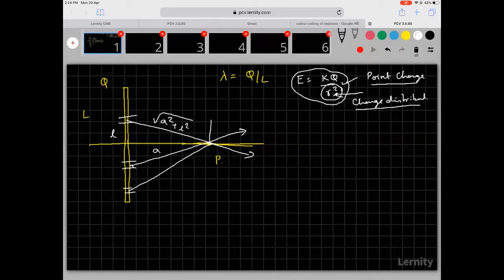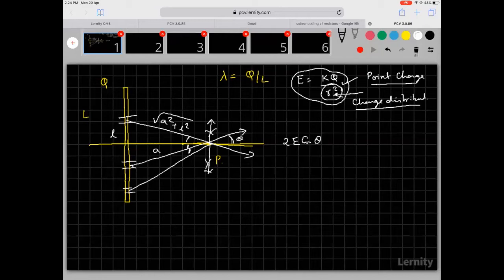So now if I take the y components, these two will cancel each other and the x component will remain. So can I say it will become 2 times E cos theta? If this angle is theta, this is also going to be theta because we said these two are identical points.